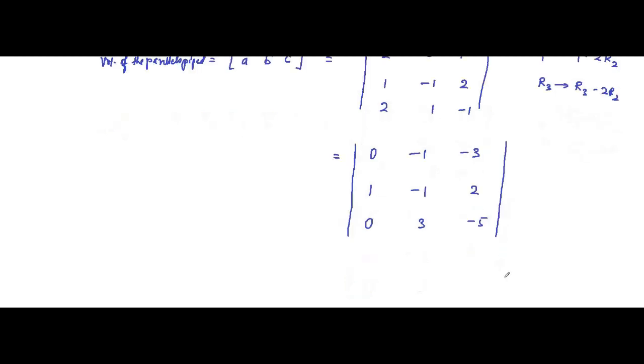So our objective was to bring it in this form, 0, 1, 0. If we go by this first column, it will be 0, so anything multiplied with it will become 0. Then it will be minus 1 into minus 1 into minus 5, then minus minus 3 into 3, then again plus 0 into whatever it is, it doesn't matter, it will become 0.